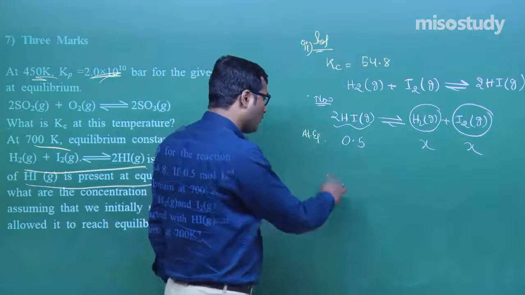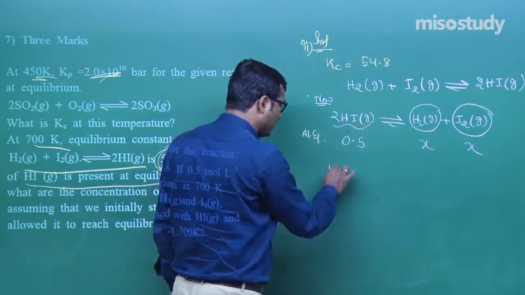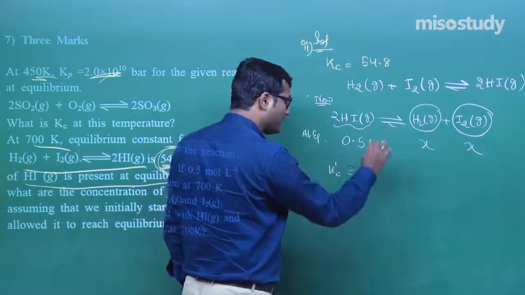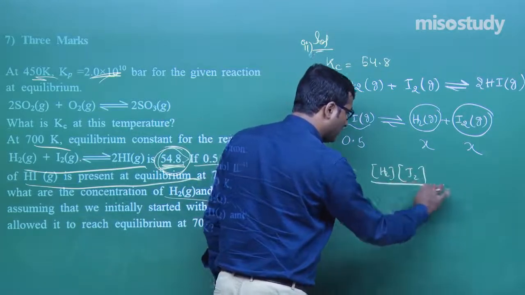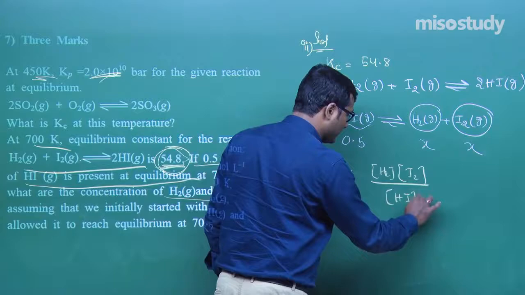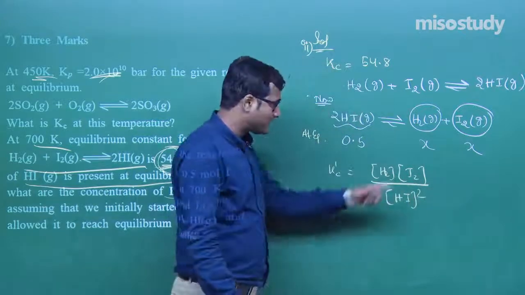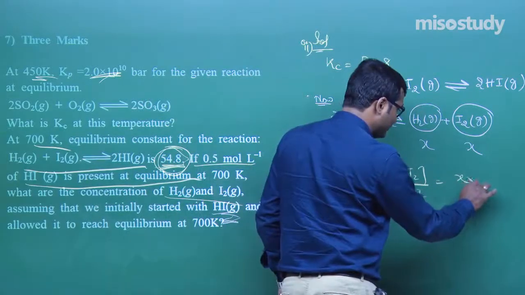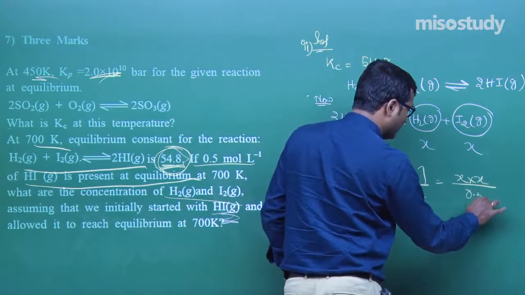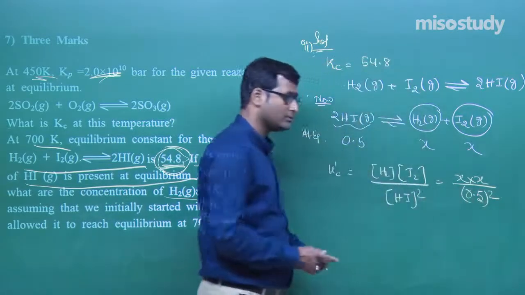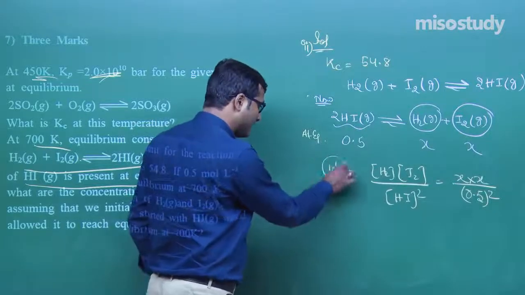Now tell me, what is the expression for the new K dash C? Concentration of product upon concentration of reactant. What is the product concentration? X into X upon reactant concentration, that is 0.5 to the power 2. Now what is K dash C?